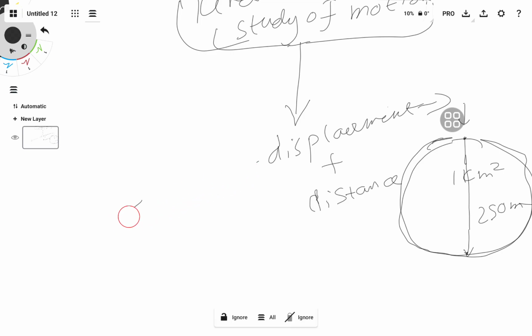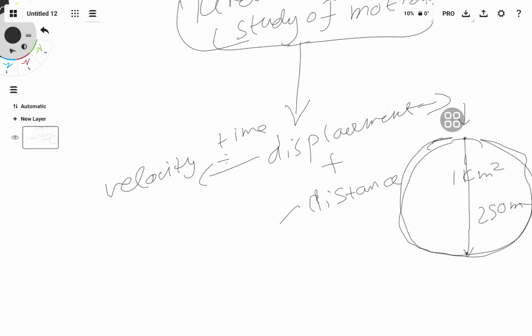So next we use these two with time. By time we get velocity. If you do distance, we get speed. Speed is a scalar, while velocity is a vector. Speed scalar, velocity vector.